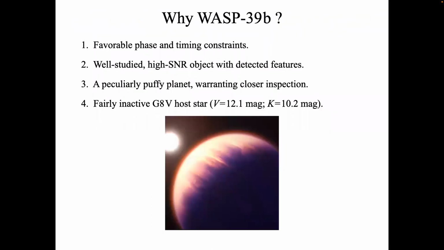Why this target? First of all, because of time constraints, it is also a good target for observing several times. You expect a high signal to noise ratio. The parent star is inactive, so it's a quiet star.